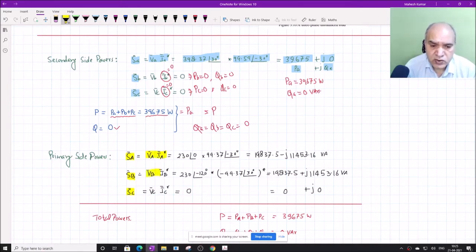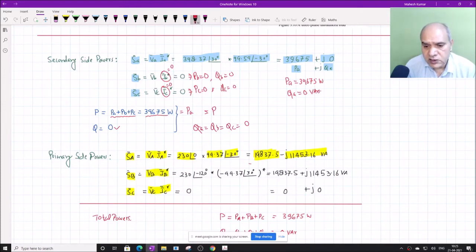Then this is VB into IB conjugate, and this is VC into IC conjugate. So VA is 230 angle of 0 into 99.37 angle of minus 30 because of the conjugate, and this becomes 19,837.5 minus j 11,453.16 volt amperes. So this is PA actually.